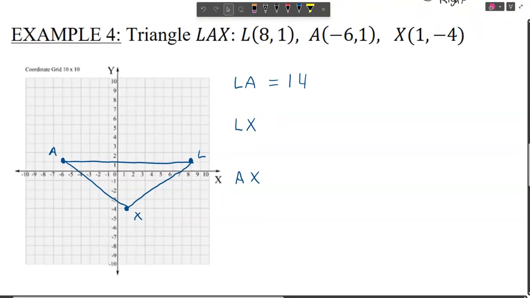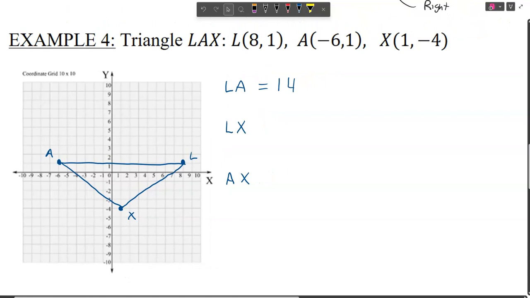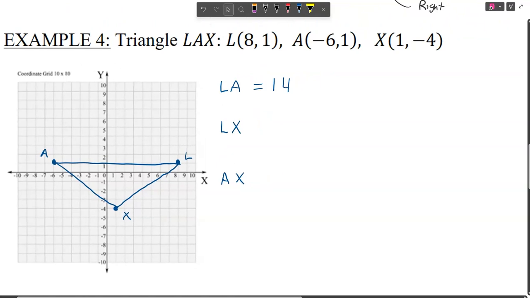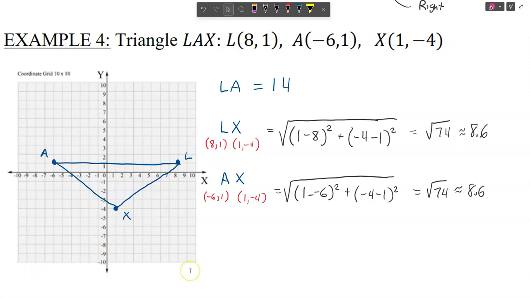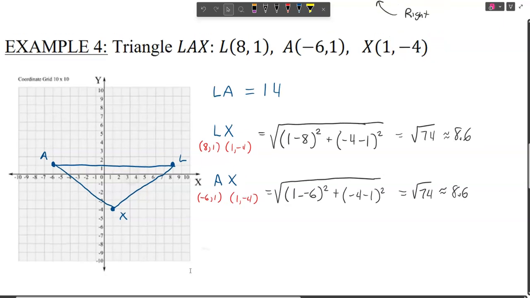Once again, for the last time here, let's pause the video and have you set up the distance formula for segment LX and then segment AX. Let's see how you did. What I found out here is that segment LX and segment AX both ended up becoming the exact same value.